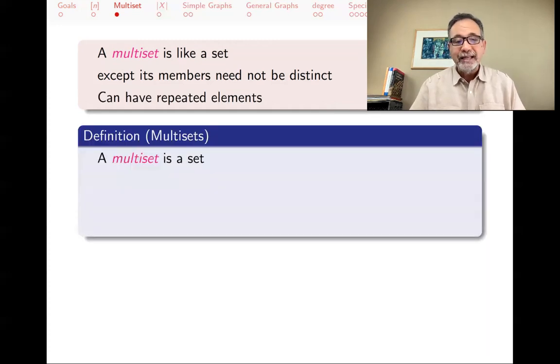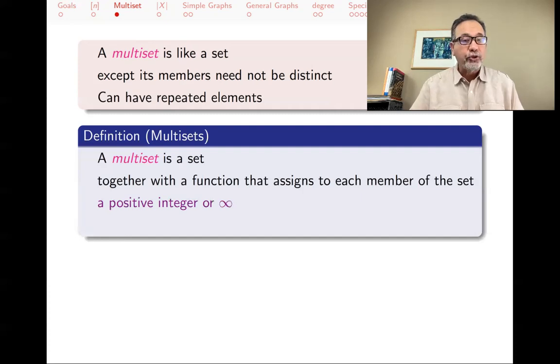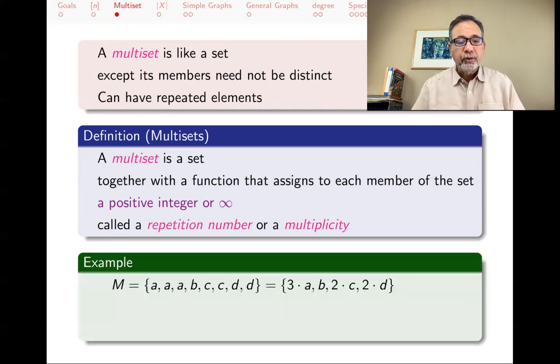To say it more precisely, a multiset is actually a set together with a function that assigns to each member of the set a positive integer, or actually infinity, and we think of that as the repetition number or multiplicity of that element. So, for example, you might have the multiset A, A, A, B, C, C, D, D, which we often write as 3 A's, 1 B, 2 C's, and 2 D's.